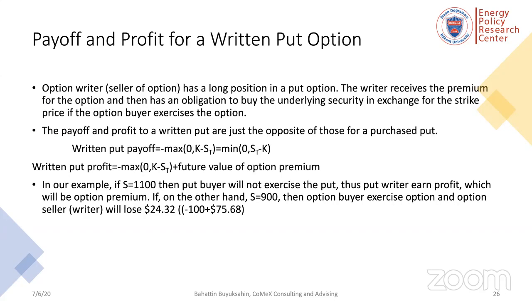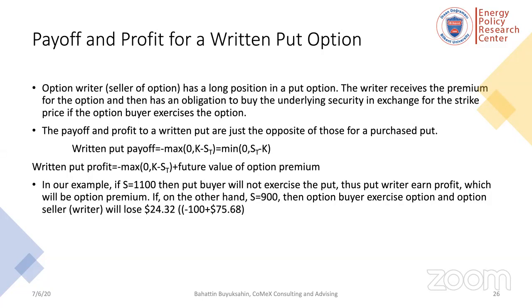How about the payoff and profit for a written put option? Because as I said, for every option, there is a buyer and there is a seller. With a put option, you buy the right to sell an asset or underlying futures contract. And then of course, there has to be someone who is writing this contract. It's what we call the option writer, the seller of the option, who has a short position in a put option.